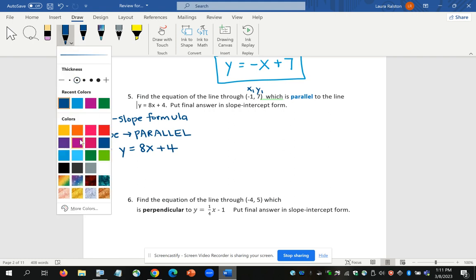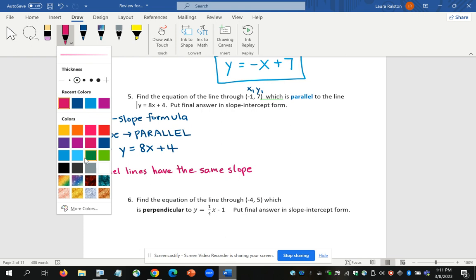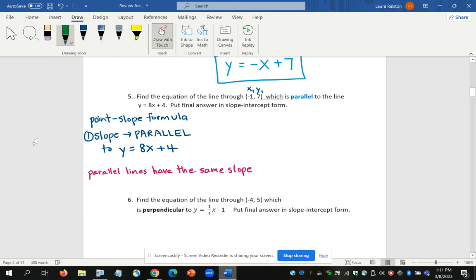Well, what you have to remember in this scenario is that parallel lines have the same slope. So I'm given the equation of a line. This is a line.